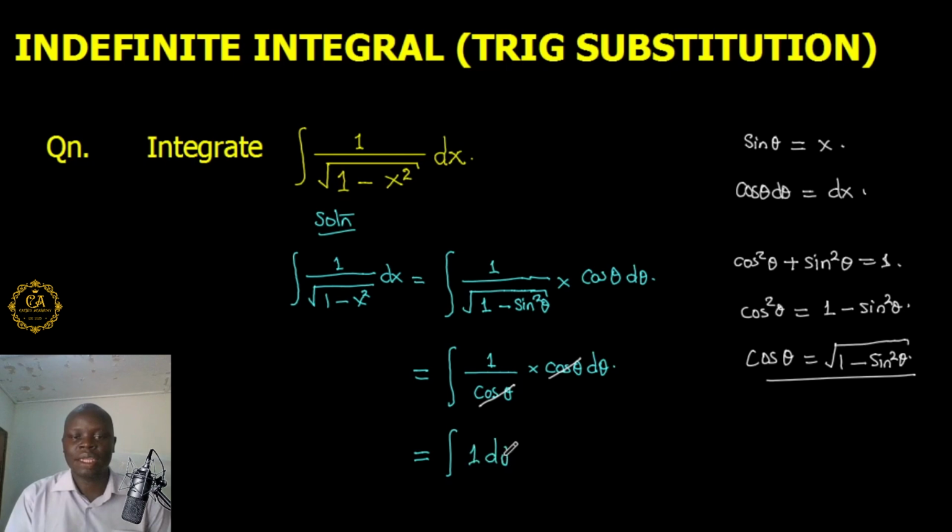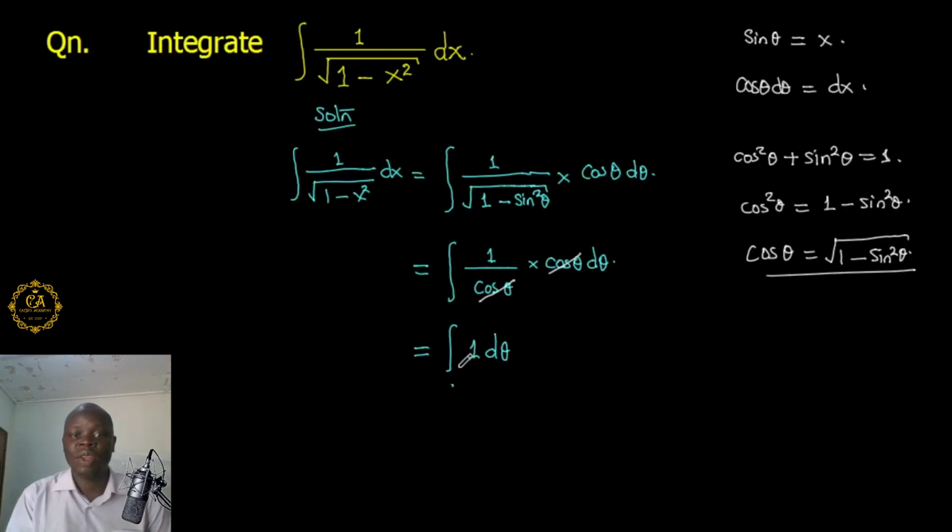And here this is very easy. We have simplified it down in a way that when you integrate 1 with respect to theta, we'll just get theta. And since it is an indefinite integral, we add the arbitrary constant.